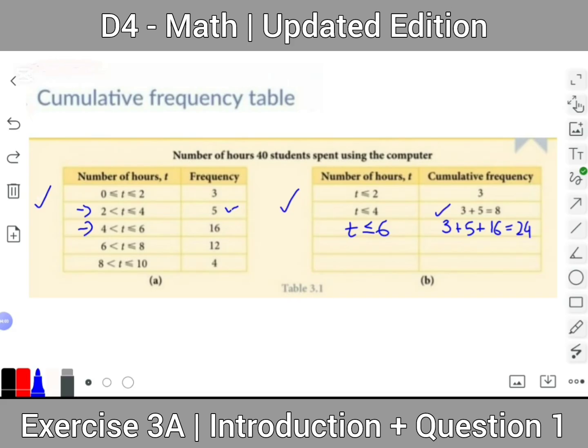To do this quickly, we could just add the new frequency 16 onto our previous total, so 8 plus 16 gives us a cumulative frequency of 24.